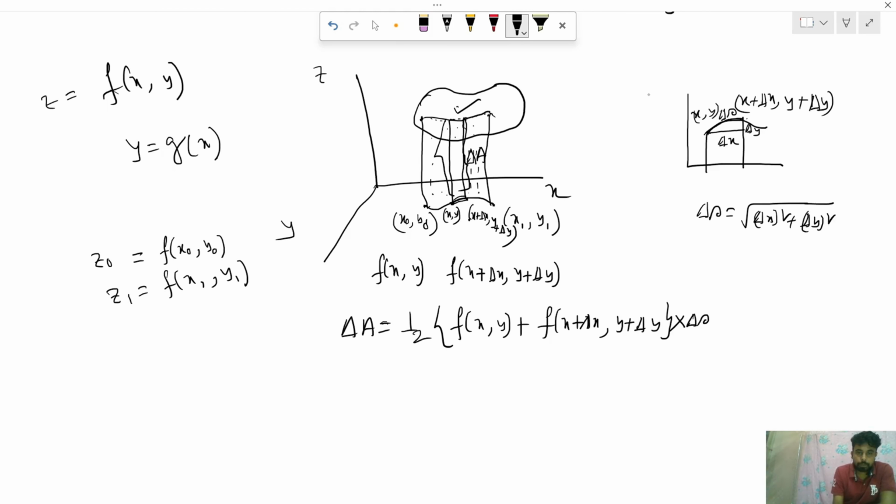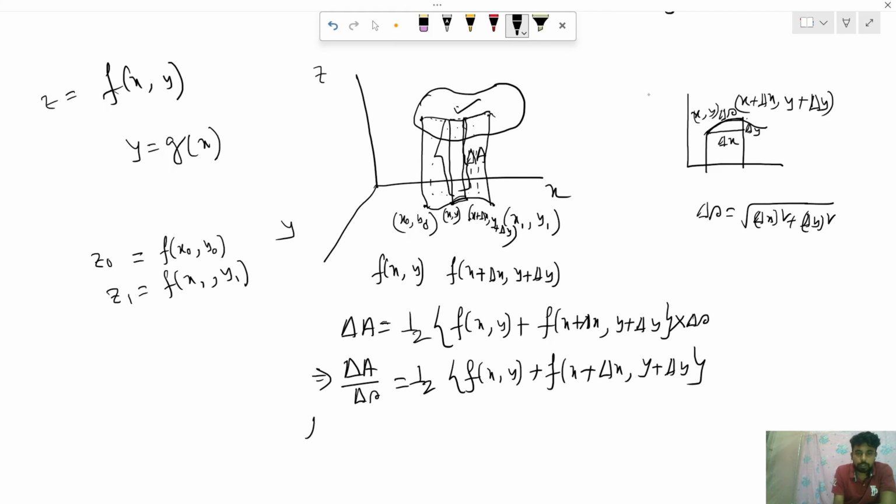Now, if I divide by delta s, it will be half of f of x, y plus f of x plus delta x, y plus delta y.